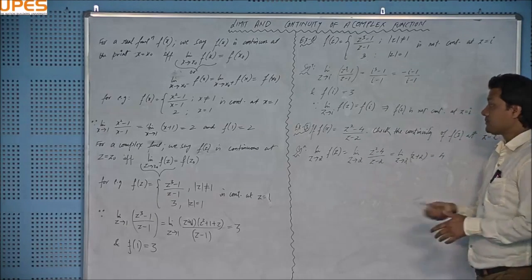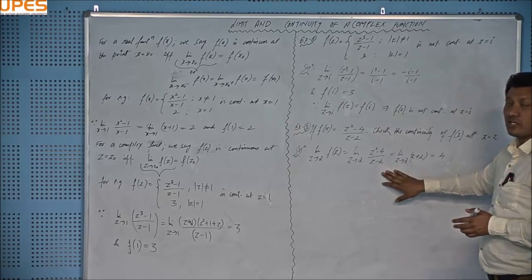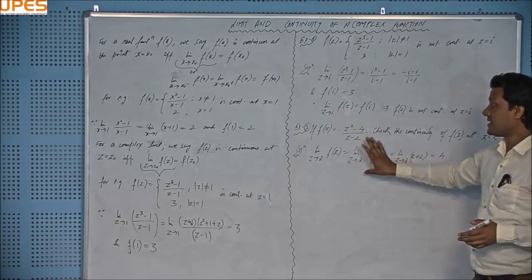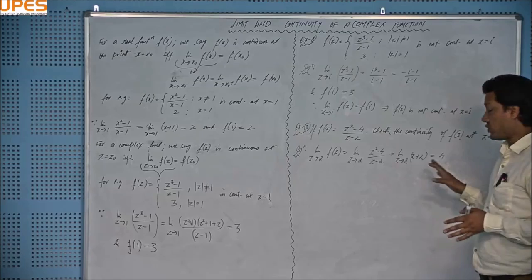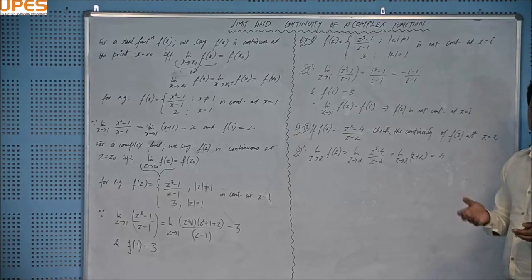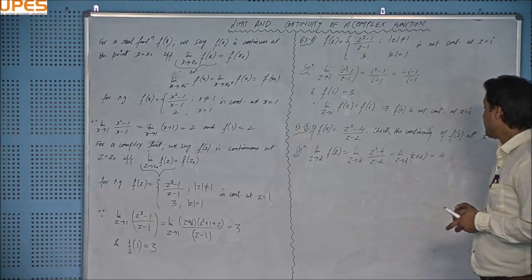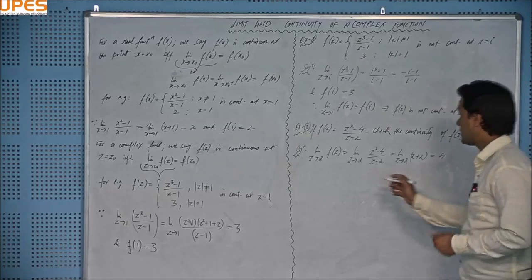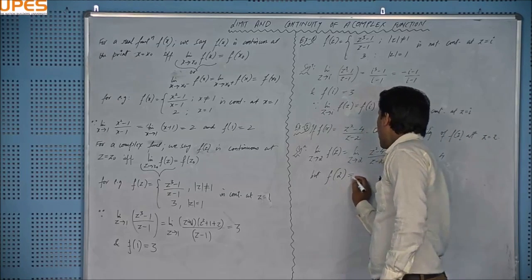And again you can verify that the limiting value of this function is 4, which means the limit exists, and it is equal to 4, denoted by capital L, by choosing any arbitrary path passing through z equal to 2. But what about f of 2? This is not defined.